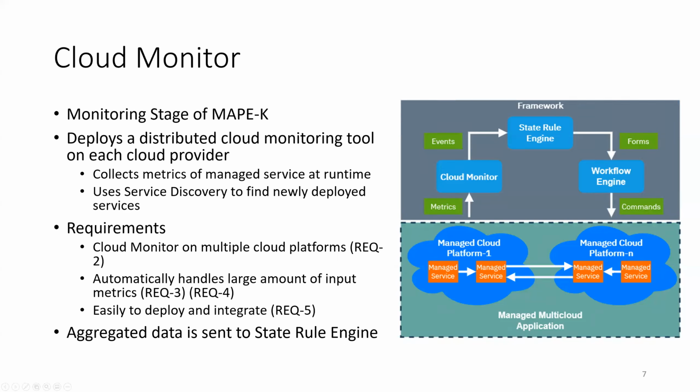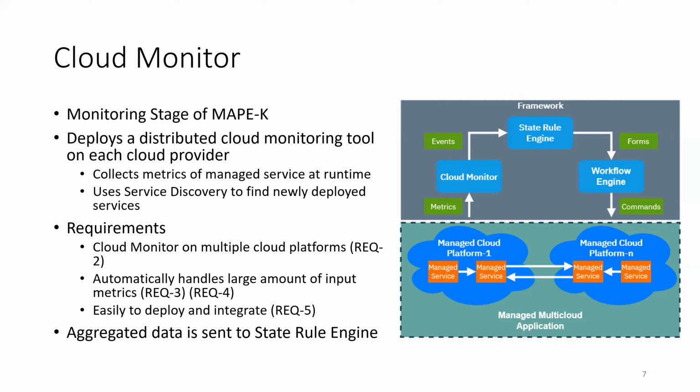The cloud monitor also uses service discovery to find new instances where the services are deployed. This is done through an exporter, which exposes the performance metrics to the cloud monitor. So when a new instance is deployed, the cloud monitor can use service discovery to find that instance. And this can enable continuous automation. So when a new instance is deployed to our framework, it can automatically be monitored.